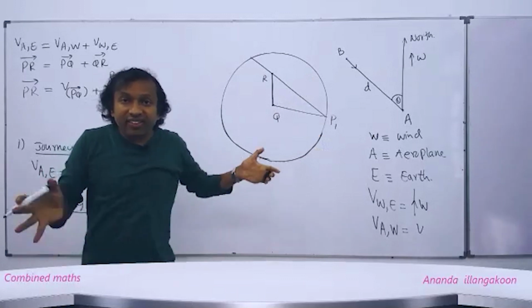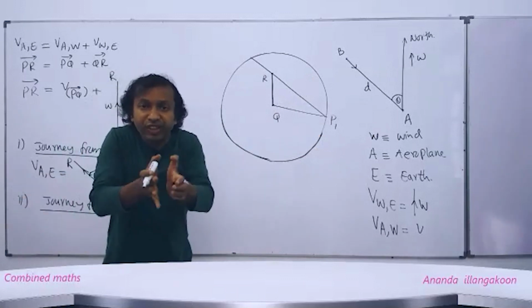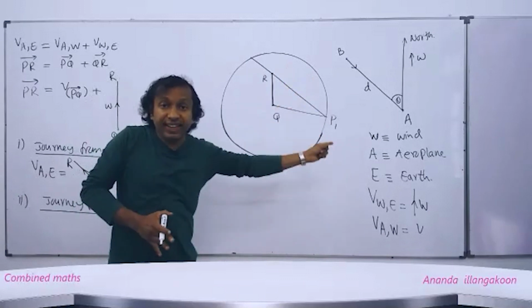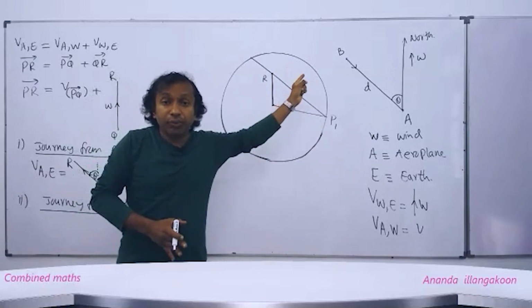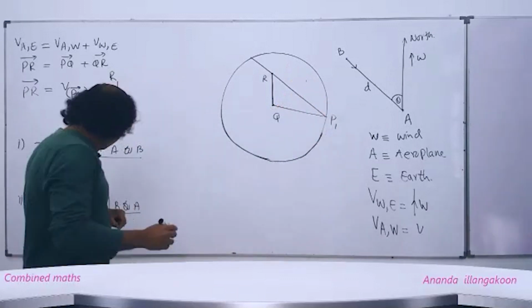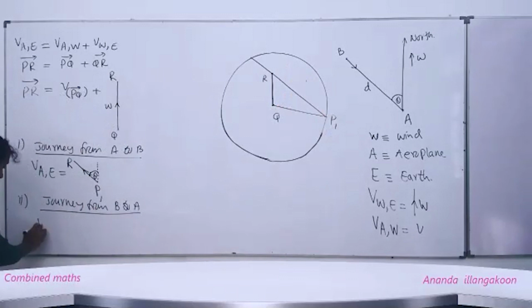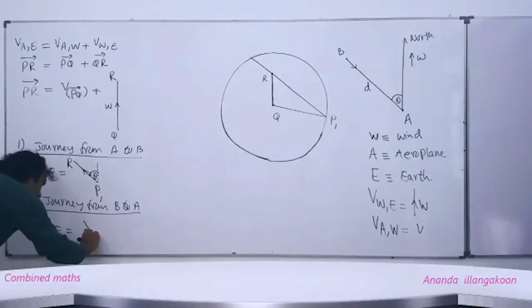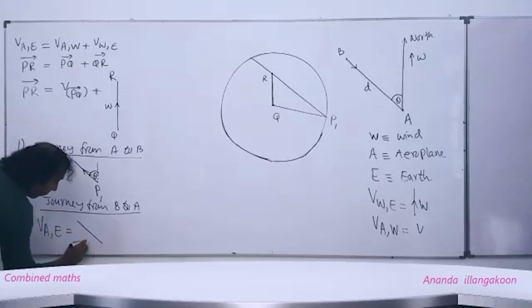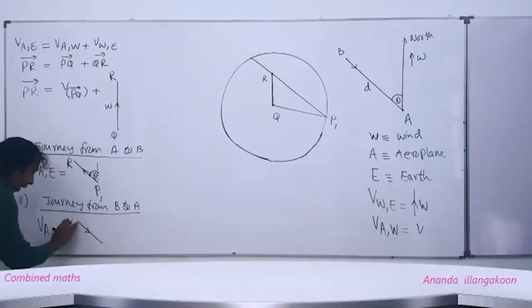In other words, that resultant velocity of wind and the velocity of the aeroplane should be pointing along the BA line. Then only the aeroplane can come to city A from B. For that, I am going to assume the velocity of the aeroplane relative to Earth should now be pointed this way. This line is parallel to this BA. Then I am going to take that as P2R.